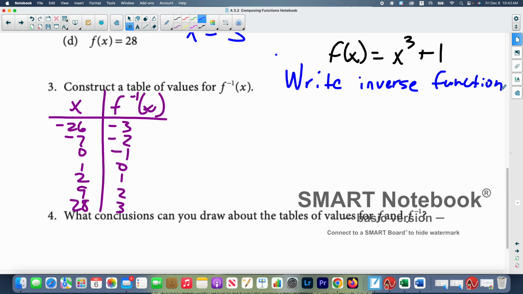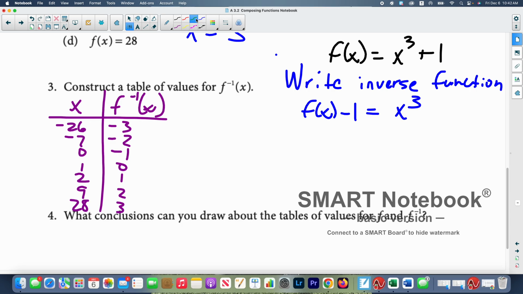How did we start that a while ago on the left-hand side of your page, when we did the linear problem? How did we start writing the inverse equation? What did we do first? Subtract 1. So we go subtract 1 from both sides. So f of x minus 1 equals x cubed. How would we keep getting x by itself?